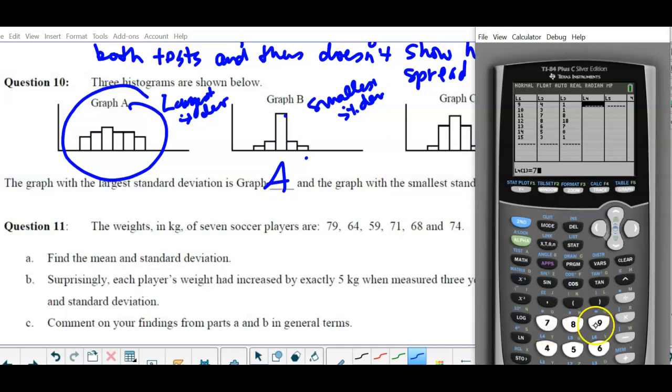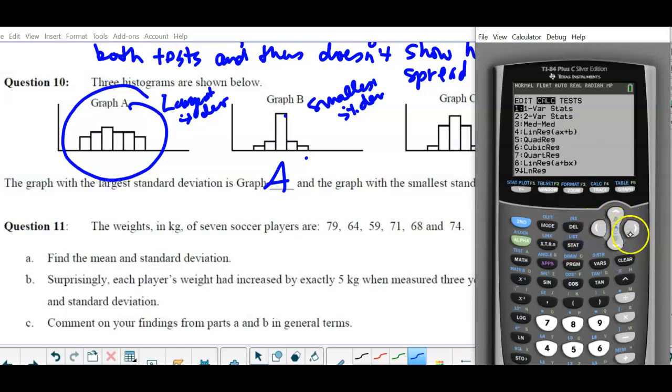So 79, enter, 64, enter, 59, enter, 71, enter, 68, enter, 74, enter. Okay. Just one list in L4. So stat, calc, one variable, L4.